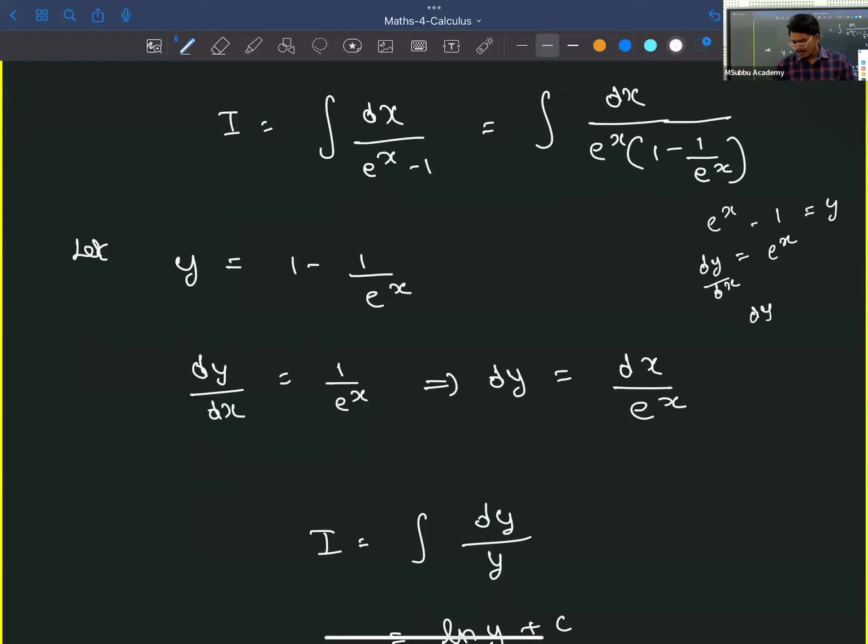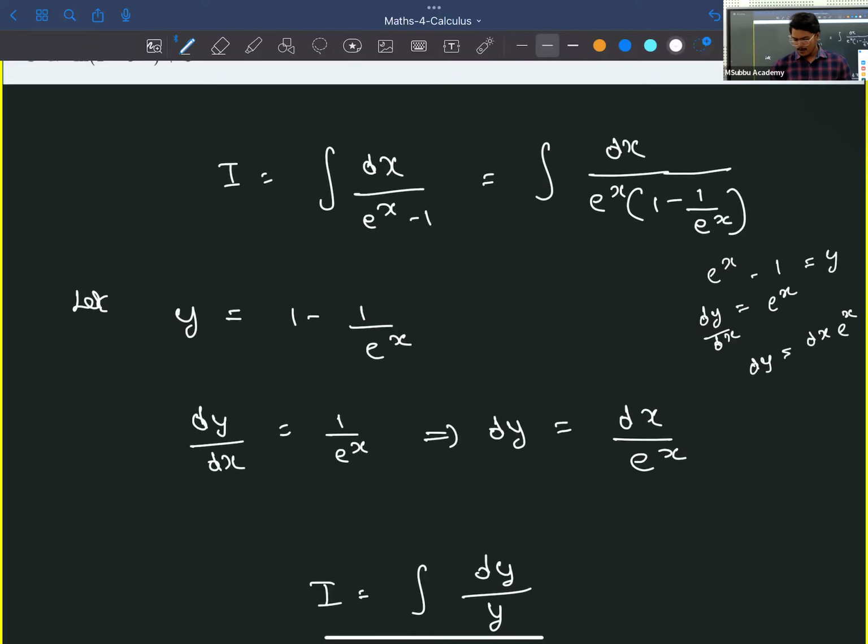So again when you multiply, dy is equal to dx into e power x, okay. So when you do this, where's the integral term? Here you have to have a product of an e power x term. So for that you have to multiply it on both sides again.